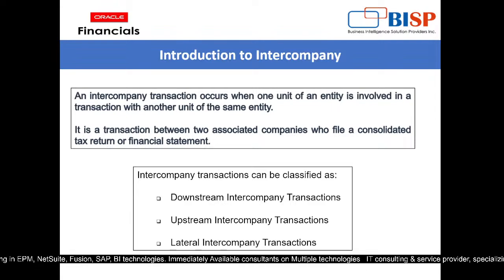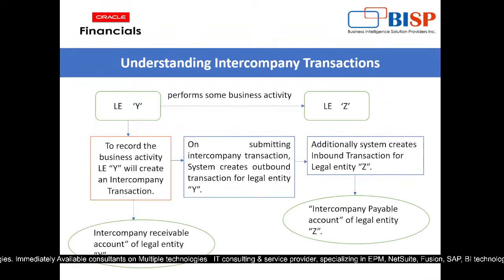Upstream intercompany transactions: here the transactions flow from the subsidiary to the parent. And lateral intercompany transactions are transactions between subsidiaries. Upstream is transaction flowing from subsidiary to parent, and downstream from parent to subsidiary. Okay, let's move to the next slide.